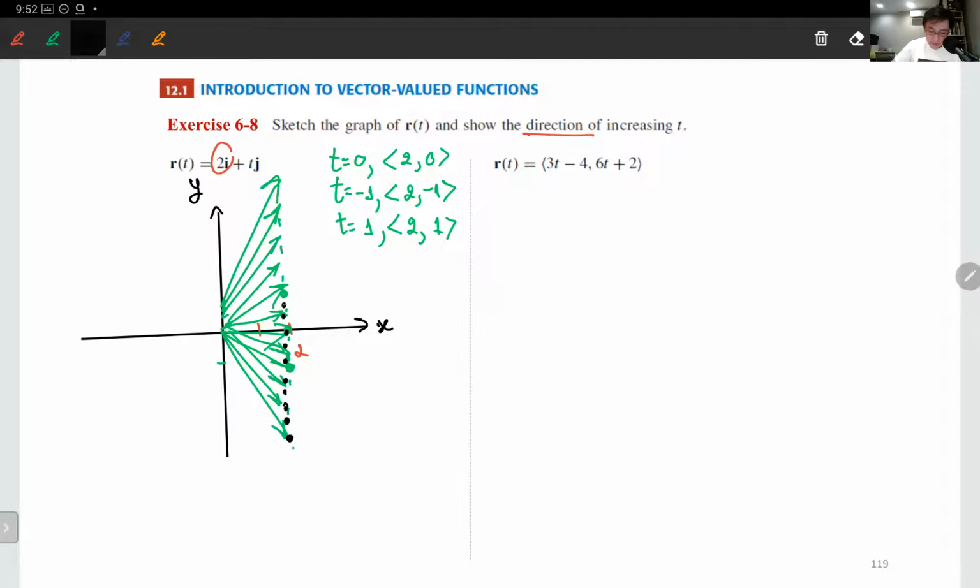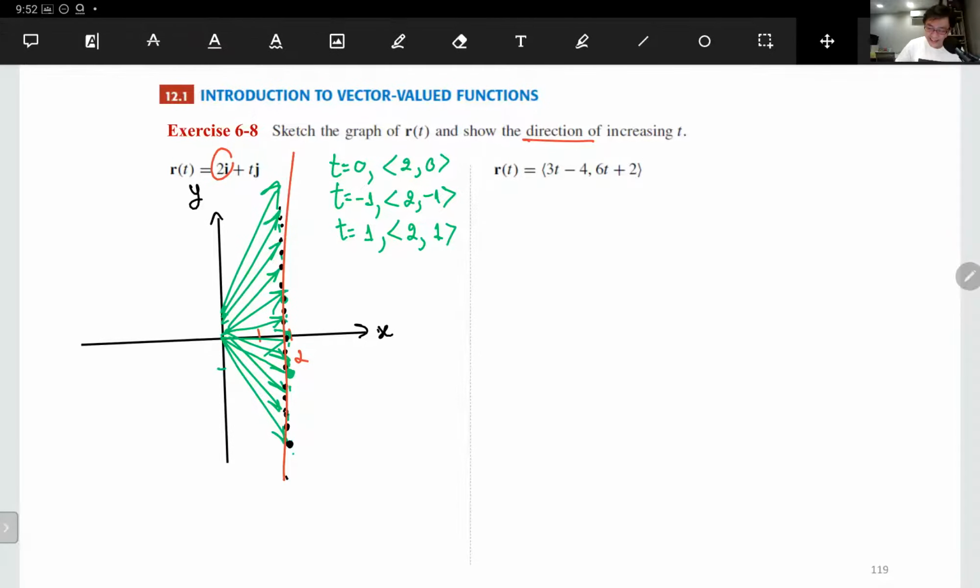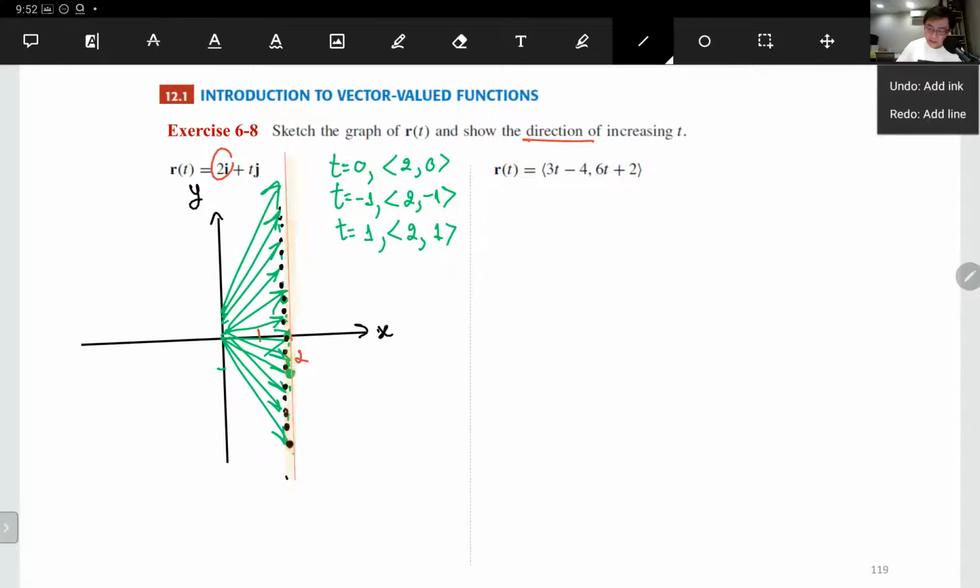At the terminal points, if you draw those dots in a continuous fashion, you're going to get a straight line. Not so nice. Okay, let me give you a nice straight line. Here we go. So that is your sketch of this graph. It's not so nice, isn't it?